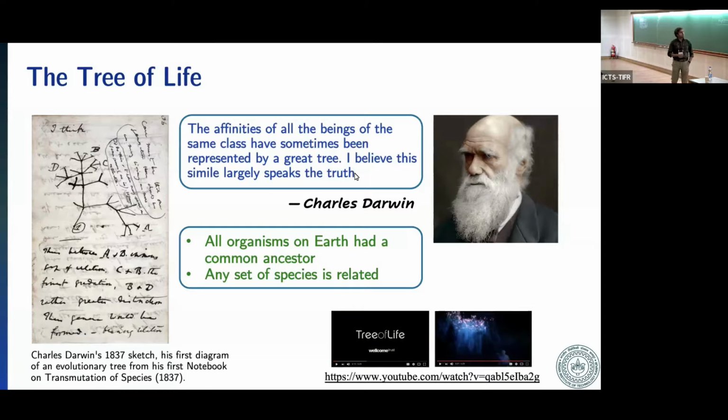So essentially, this is built upon the principle that all organisms on Earth really have a common ancestor. And that's how, through this tree structure, any set of species are related to each other. So these are the basic principles upon which phylogenetics is built. Okay.